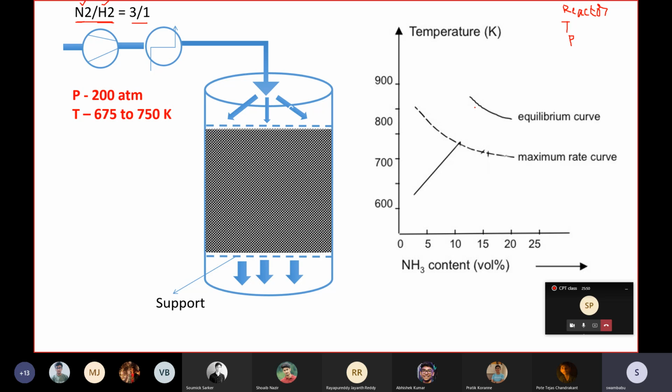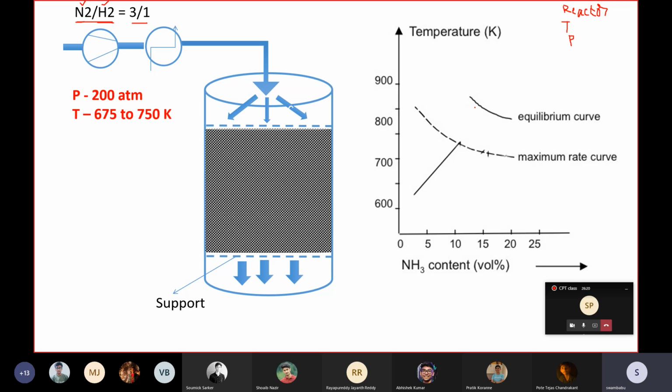We prefer to operate at the maximum rate curve rather than the equilibrium curve. Why? Because at higher rates, we have lower residence time. When you have lower residence time, the processing cost and the fixed cost of the process vessels become lower, because faster reactions require lower residence time.